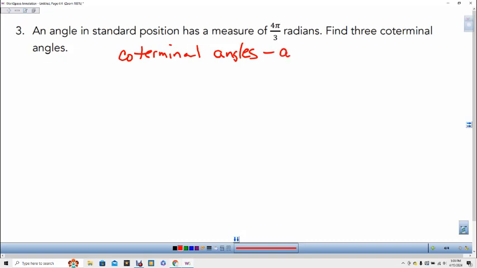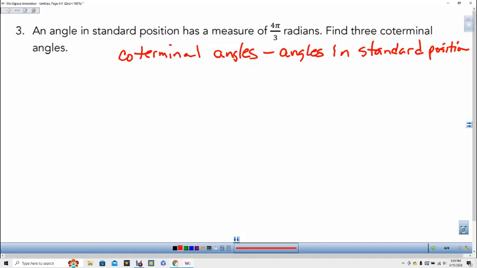Coterminal angles are angles in standard position. Once again, centered at the origin. The initial side is along the positive x-axis and the terminal side is elsewhere.